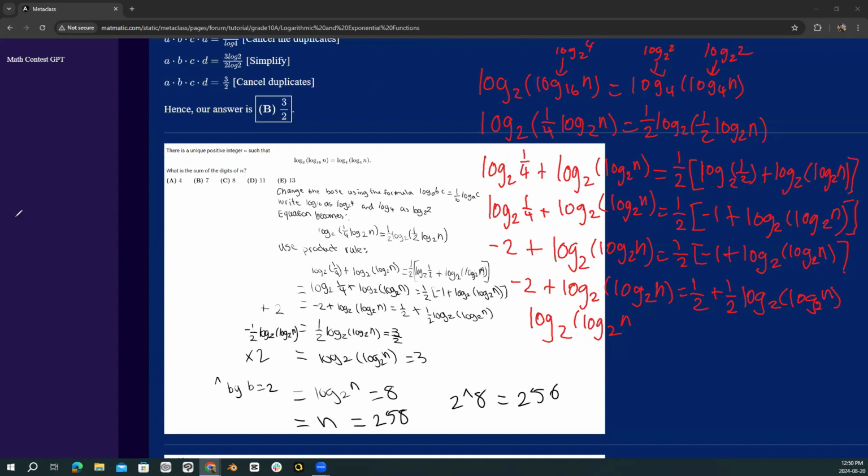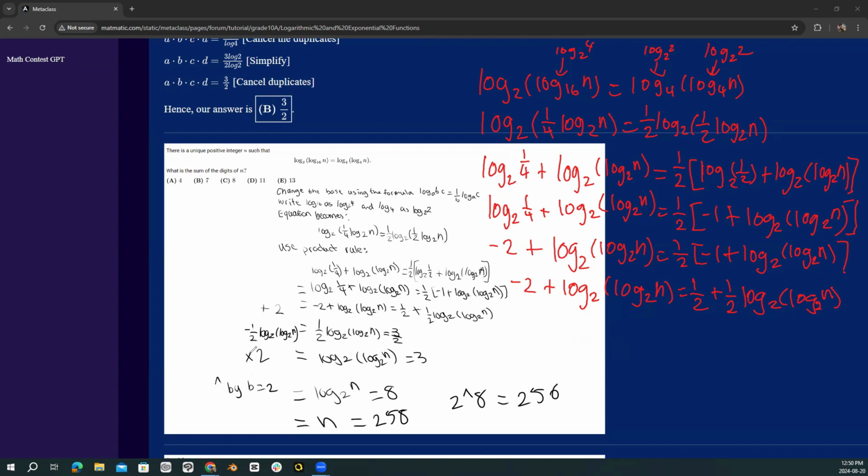Sorry, I forgot something again. We're adding 2, and then we're also subtracting 1/2 log 2 log 2n.